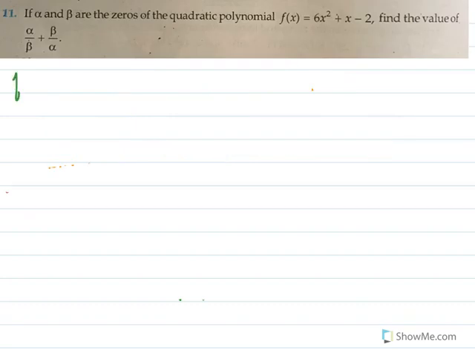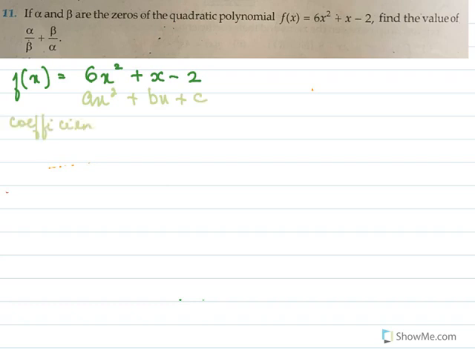So in this sum now, the expression given to us is 6x square plus x minus 2. When we compare it with the general equation ax square plus bx plus c, we see that the coefficient of x square, which we call a, is 6. The coefficient of x, which we call b, is plus 1.